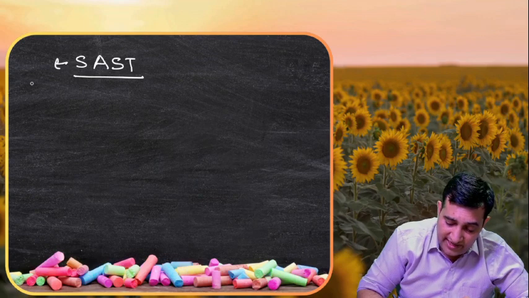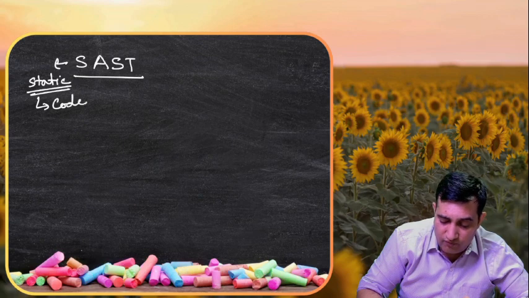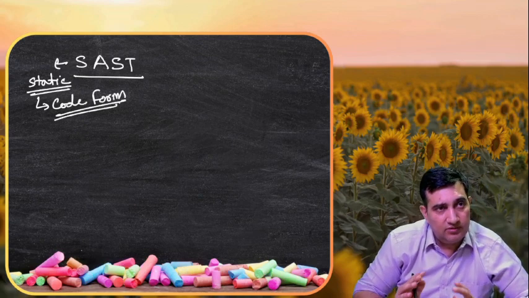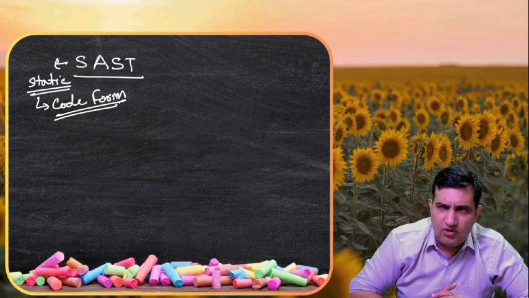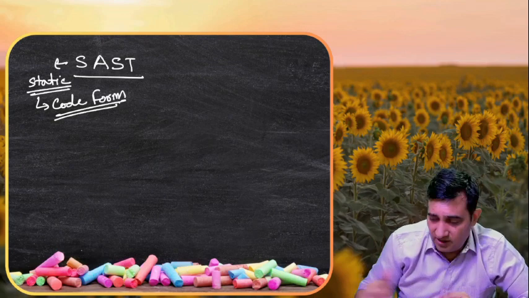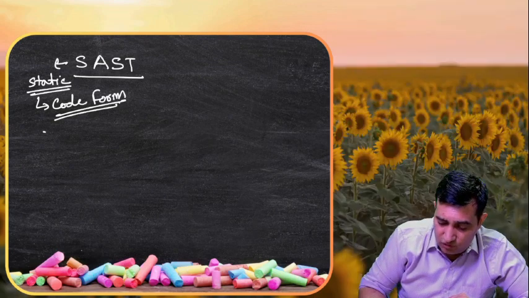We call it static because at that point of time the application being tested is only in the code form. So till now your application is not ready to be executed, and the testing we do at this point is called SAST. What all comes under SAST? Number one, your manual code review.